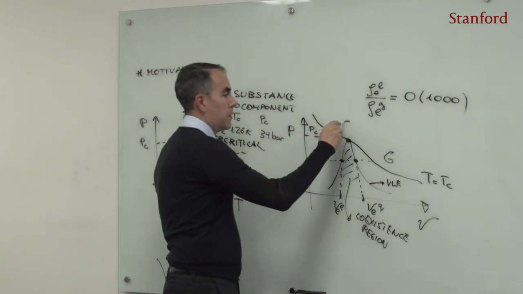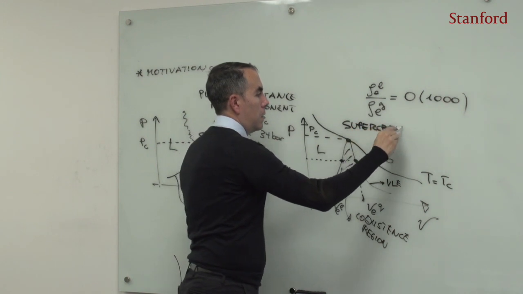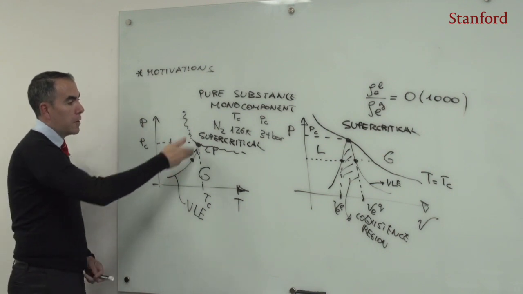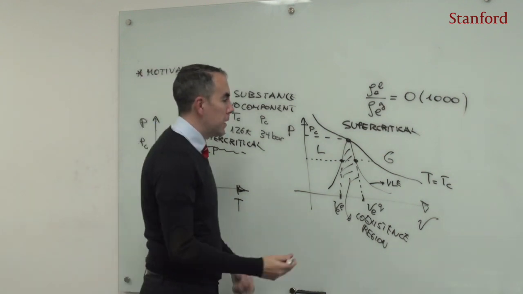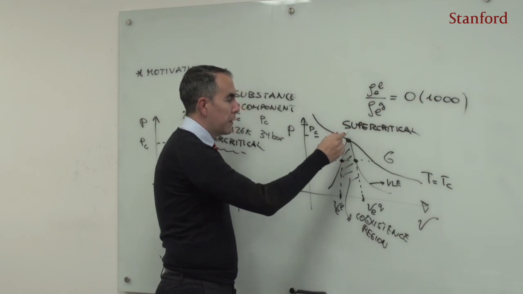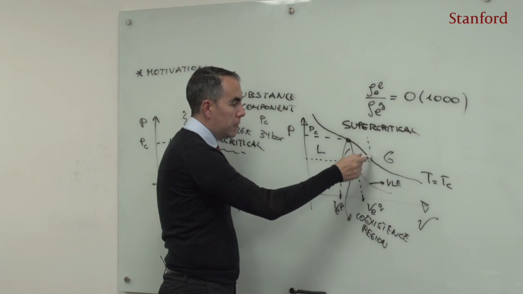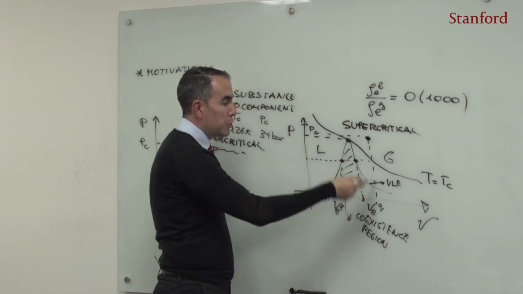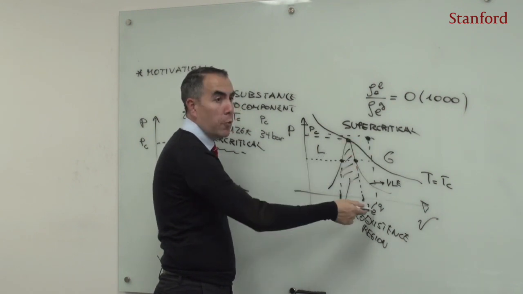And here, there is no longer any clear distinction between liquid and gas. If I evaluate the system at a given molar volume, or at a given pressure, there is only one solution. There is only one temperature, one pressure, and one molar volume.